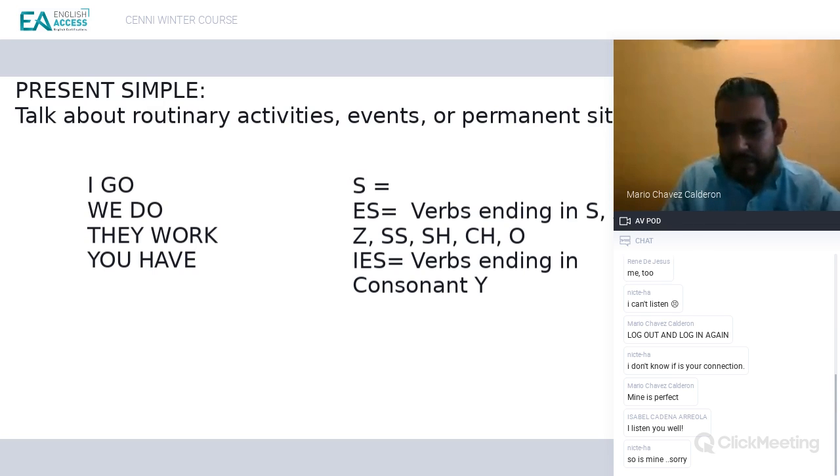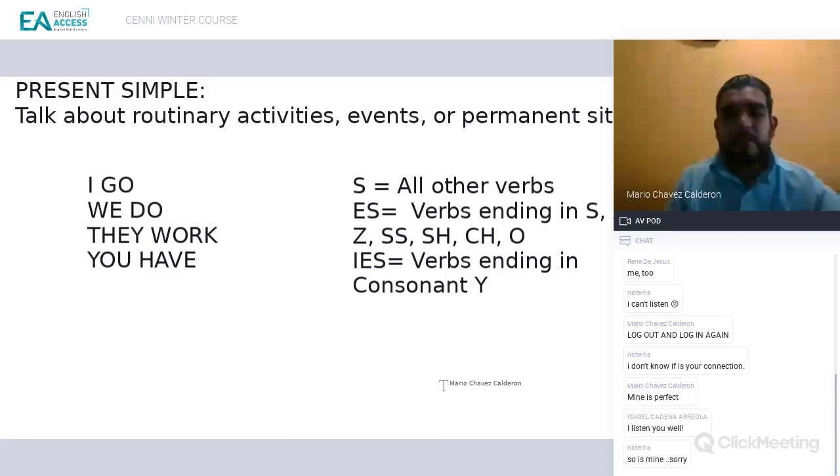And the S we add for all the other verbs. Okay, so that's the way we do it. So we use the S for the third person of the singular, the ES, and the IES. The IES for verbs ending in consonant Y. The ES for verbs ending in S, X, Z, double S, CH, SH, or O, right?